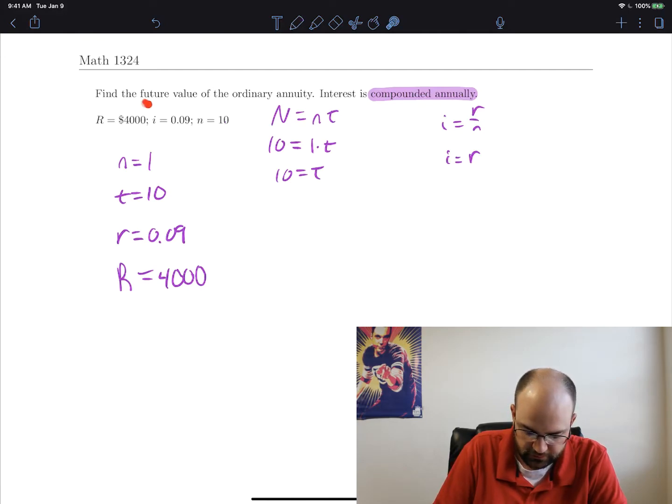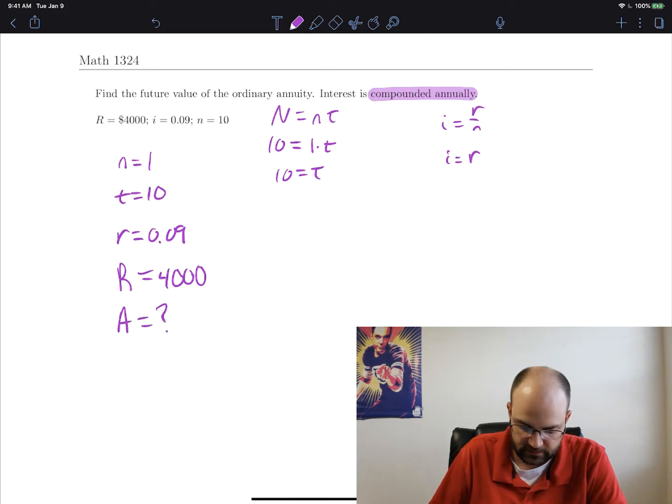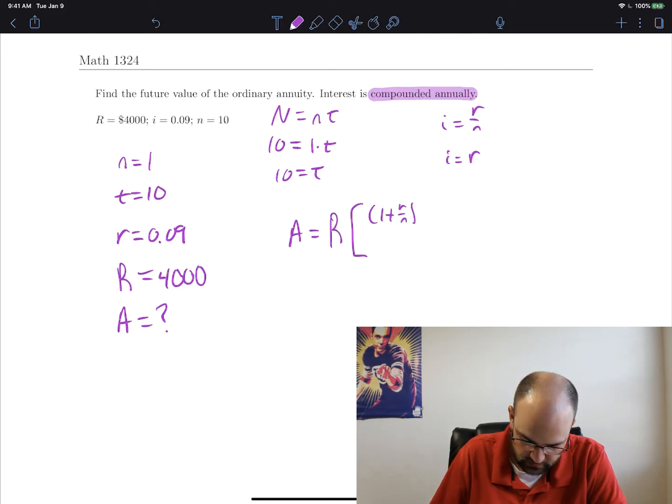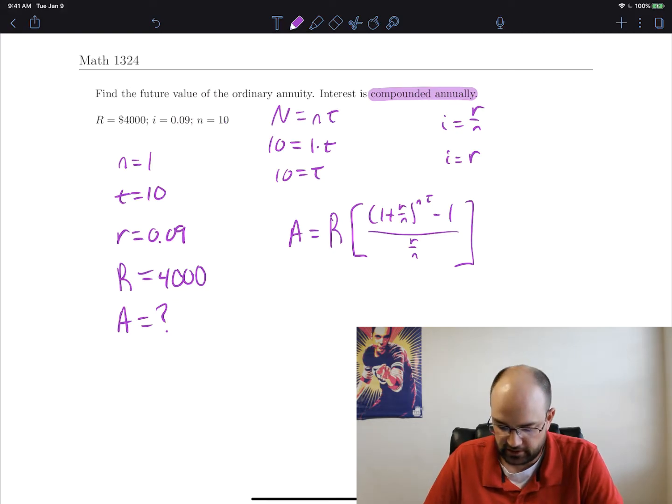And we want to find the future value of the ordinary annuity. Now, the future value, A, we don't know. That's what we want to figure out. To do so, we can use the formula, if you wish, which is this. And then just plug it in.